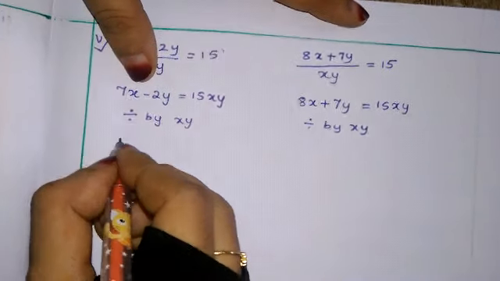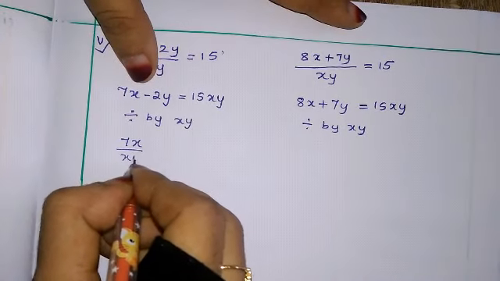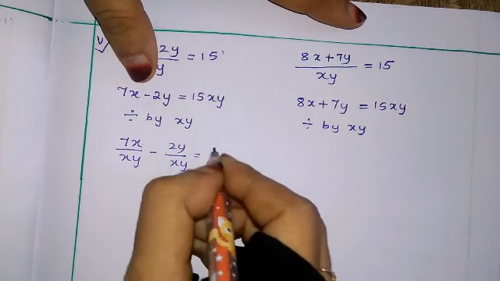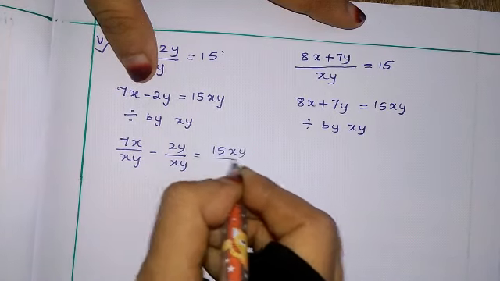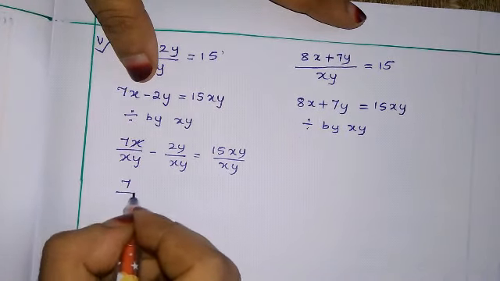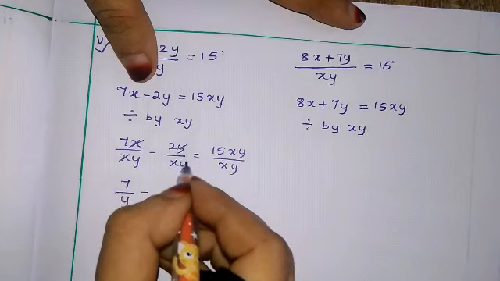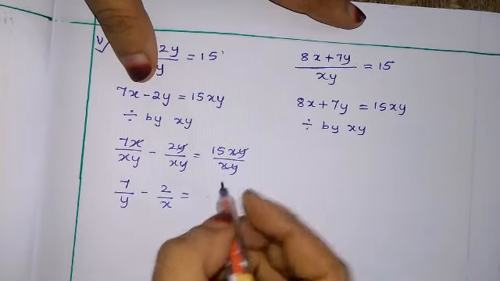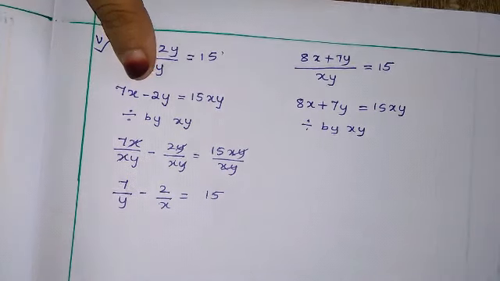What we will get? 7x by xy minus 2y by xy is equal to 15xy by xy. x gets cancelled, 7 by y we will be left with. y gets cancelled, 2 by x is equal to, xy gets cancelled, 15 only.